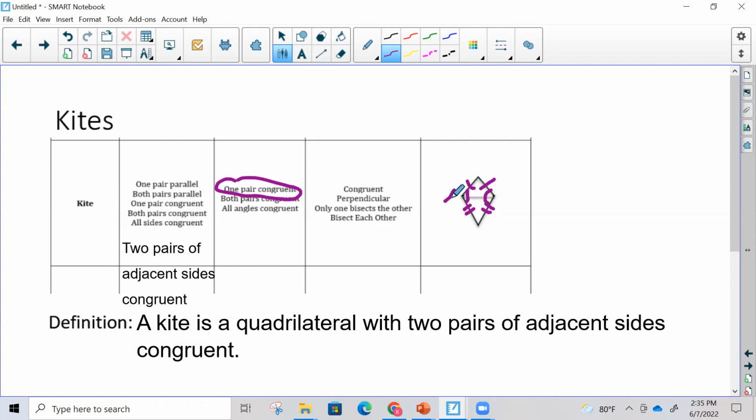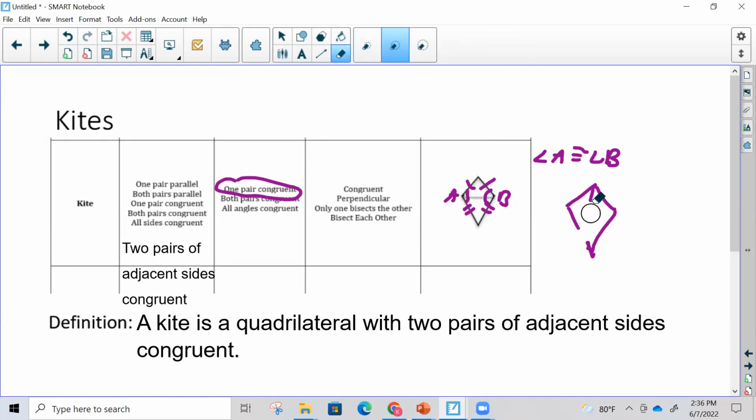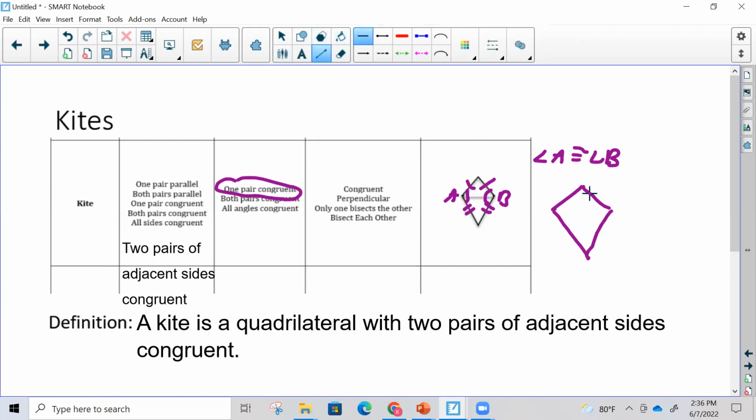So these 2 angles, if I label them A and B, angle A is congruent to angle B. And then for the diagonals, this is not perfect because my kite is not perfect, but the diagonals are actually perpendicular.